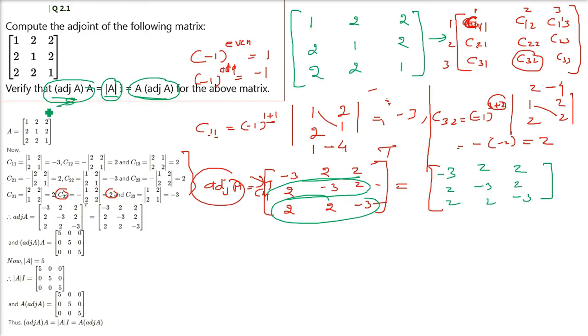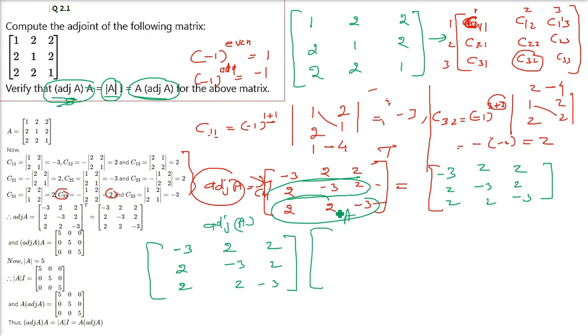Okay. Now adjoint A into A we are doing. So adjoint A I'm writing first, and we are multiplying it with A. I'm going to show you how actually it will be done. Those who know the multiplication can just proceed.